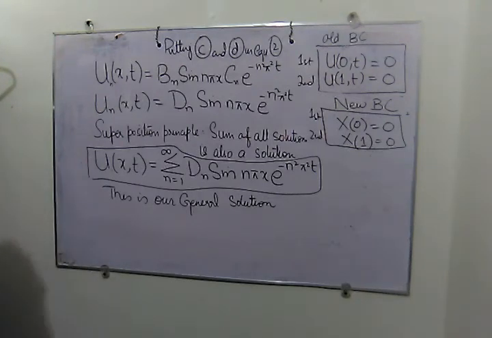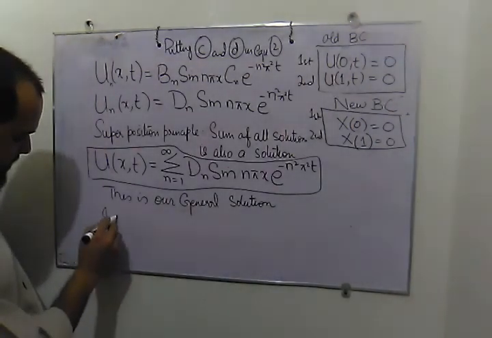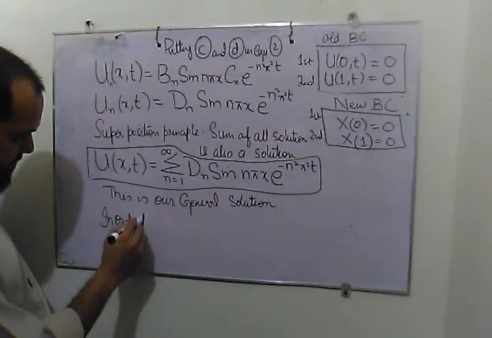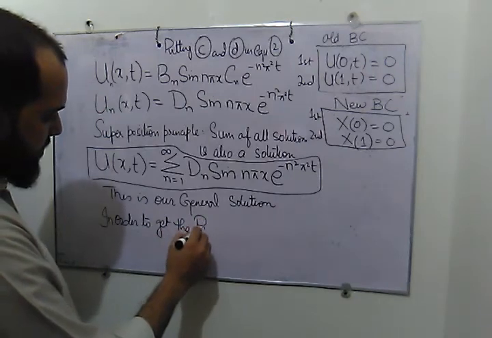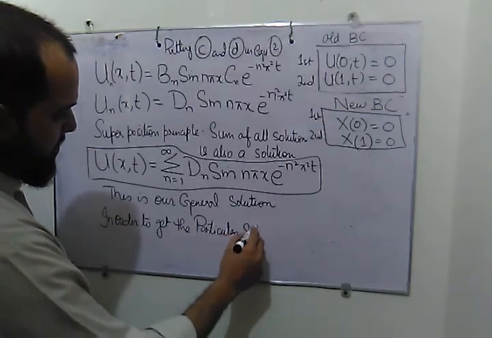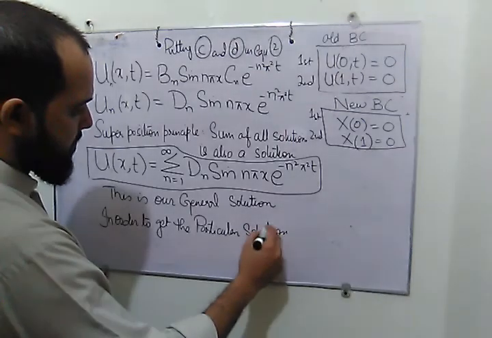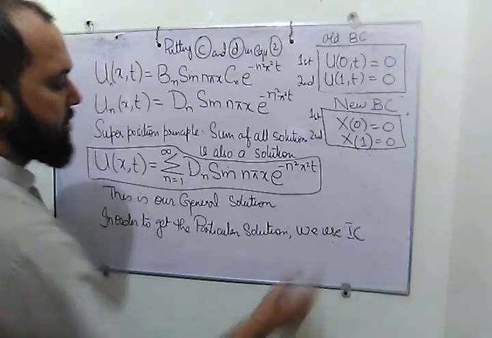So here we use comparing the coefficients. This is the general solution, and in order to get the particular solution, we will use the initial condition.